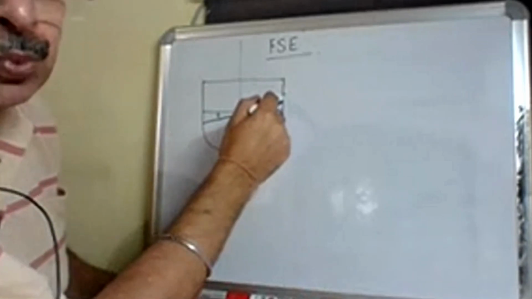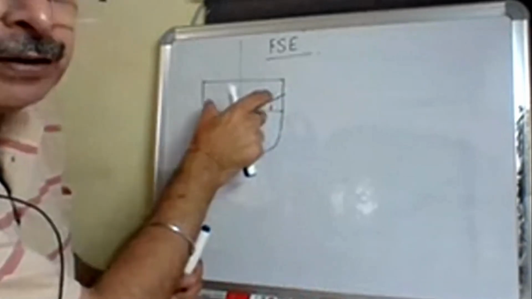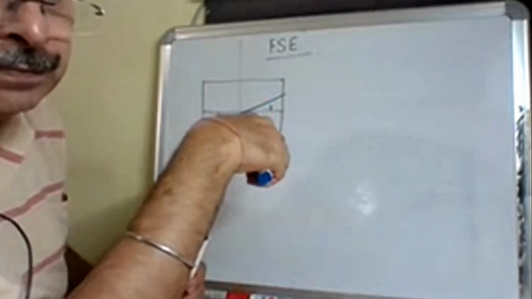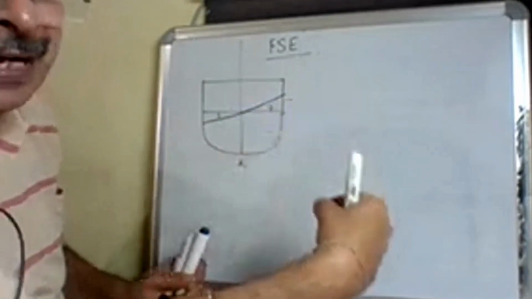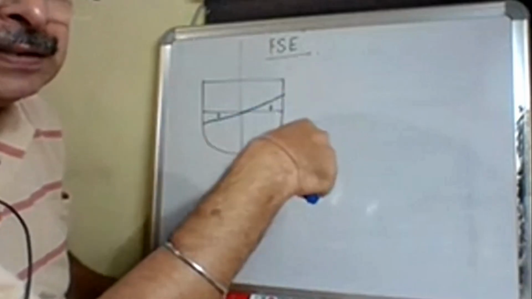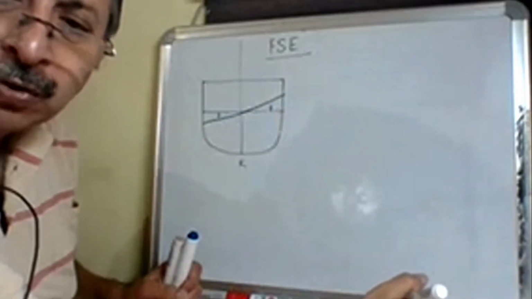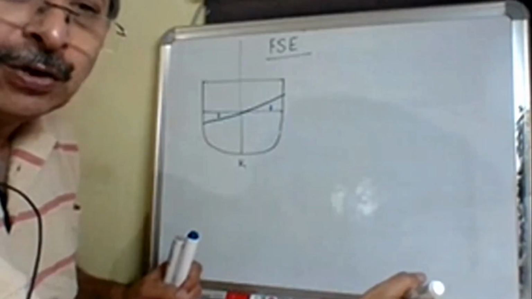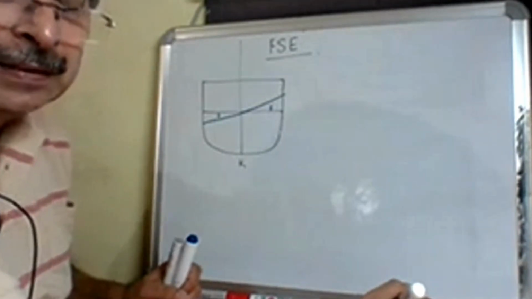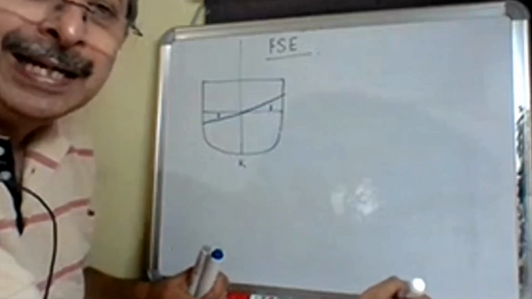This wedge effect is going to cause a vertical shift in the direction of G. So the G will consequently rise, and if the G rises, the GM will decrease. The metacentric height will decrease.